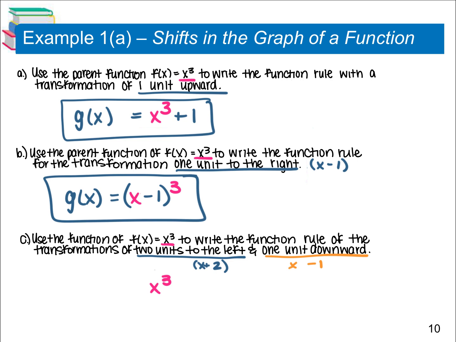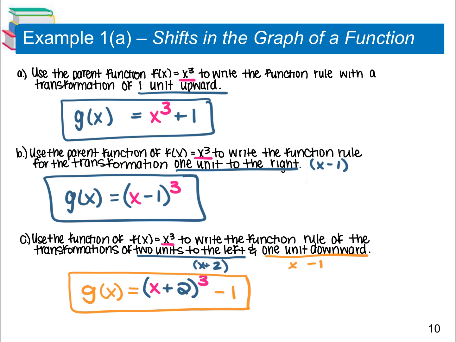So first thing we're going to do is move the cubed, put parentheses around the x, and put the plus 2 to represent the shift 2 units to the left. That cubed would have to go after the parentheses. And lastly, we put the minus 1, and we name this g of x. So we have g of x is equal to (x plus 2) cubed minus 1.